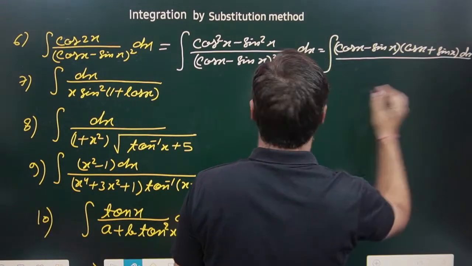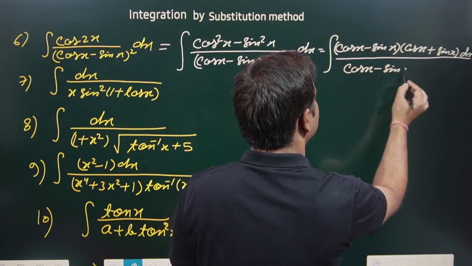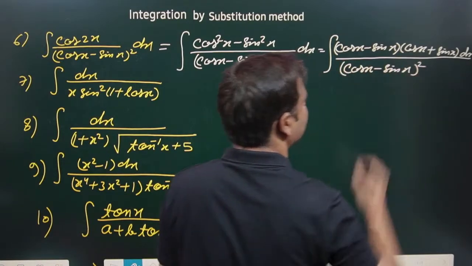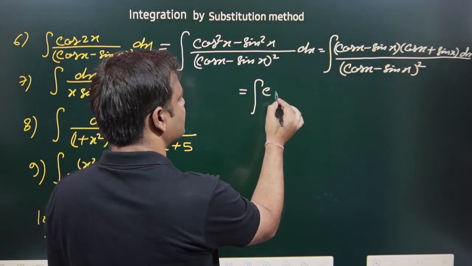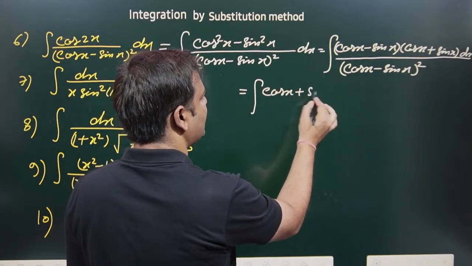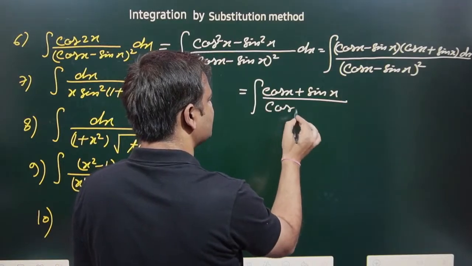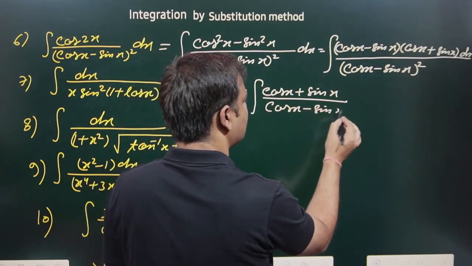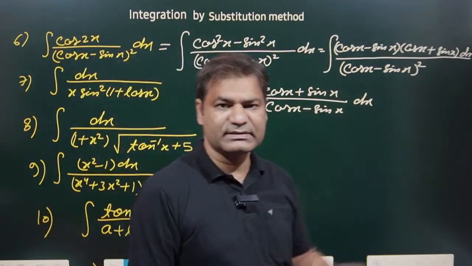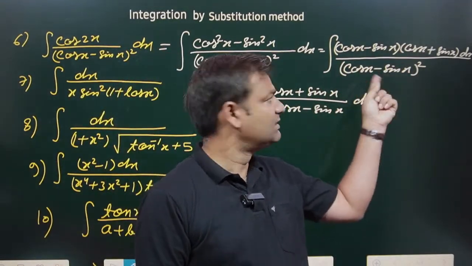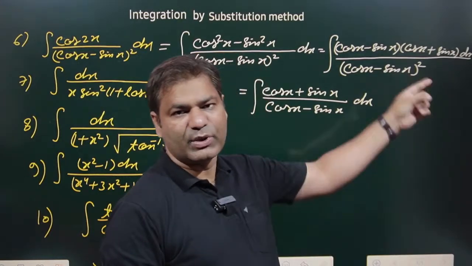divided by cos x minus sin x to the whole square. After that, this one is written simply as cos x plus sin x divided by cos x minus sin x dx. Okay, one cos x minus sin x cancels out because here is a whole square, so one power cancels.